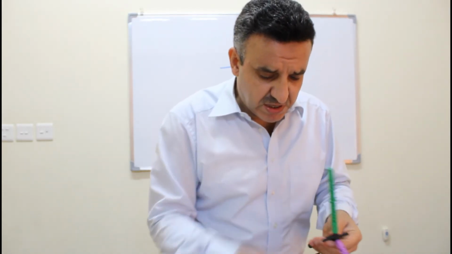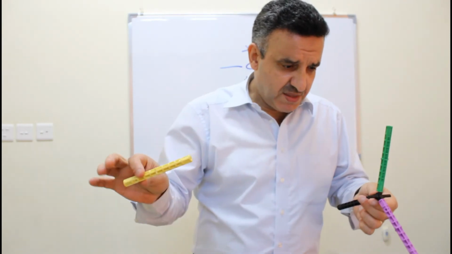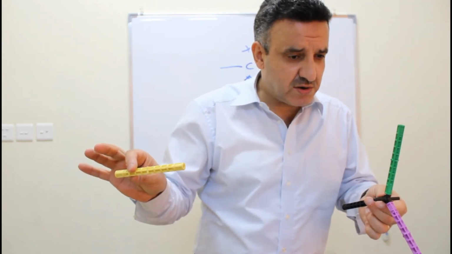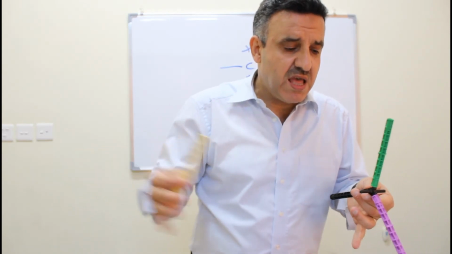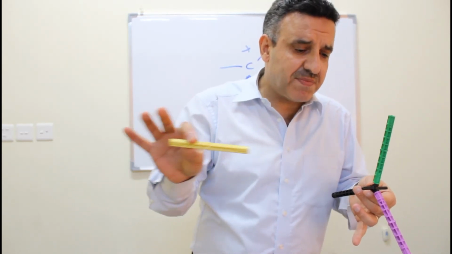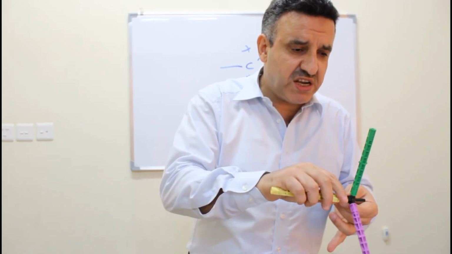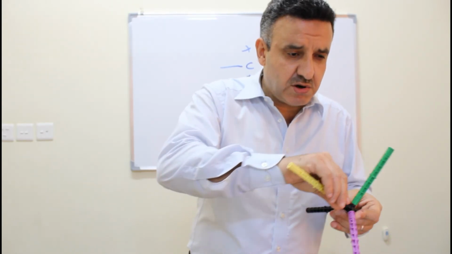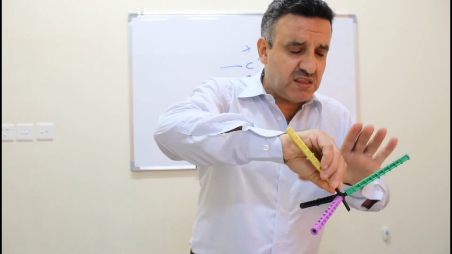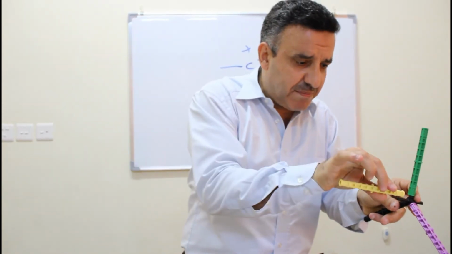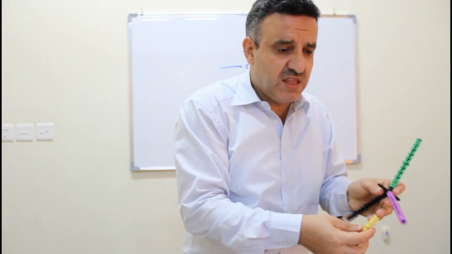Therefore, when the nucleophile attacks here, it has 2 possibilities to attack. Either it attacks from above the plane, and therefore the carbon will change its hybridization into sp3, and these 3 bonds will go down.